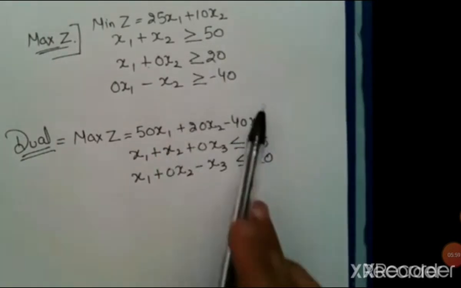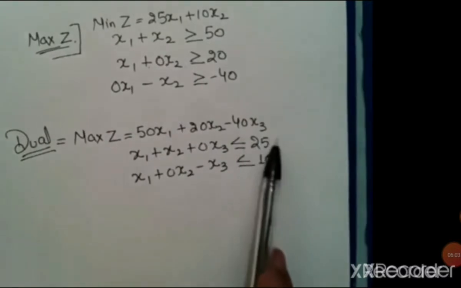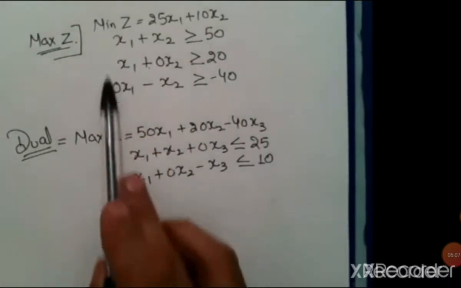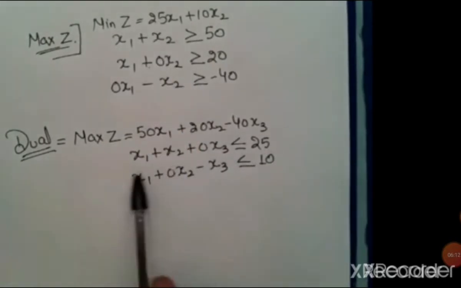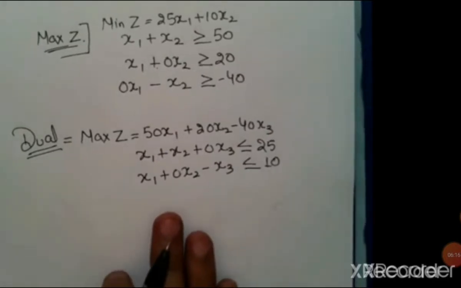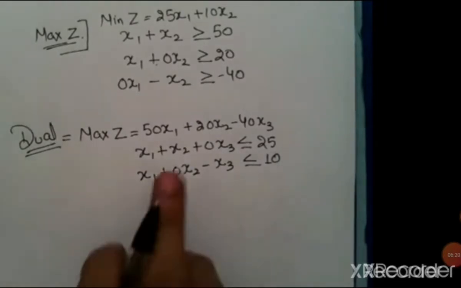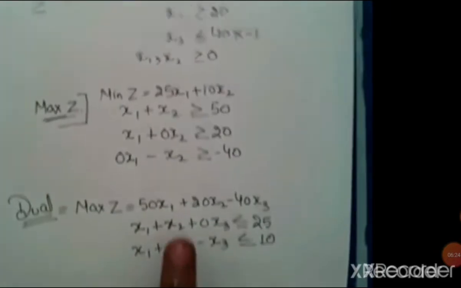Cross check: the objective function becomes the right hand side column, the rows become columns, and the second column becomes the second row. So this is the dual of the given problem.